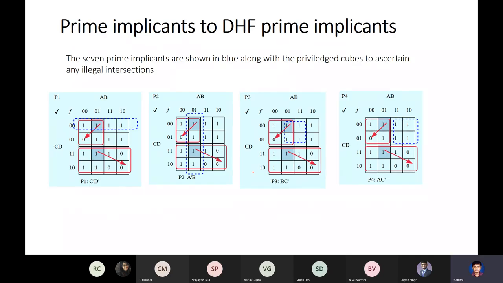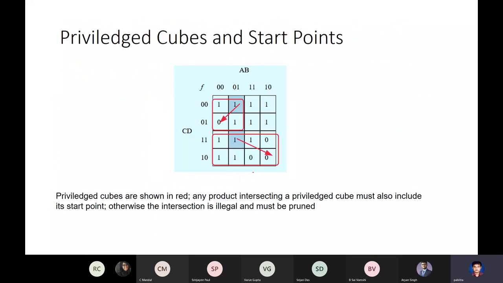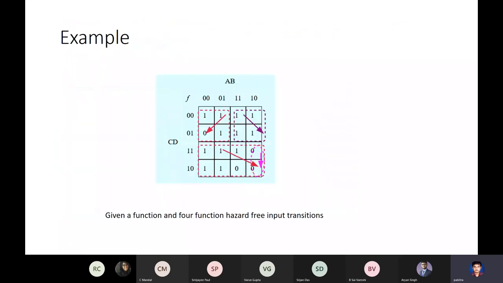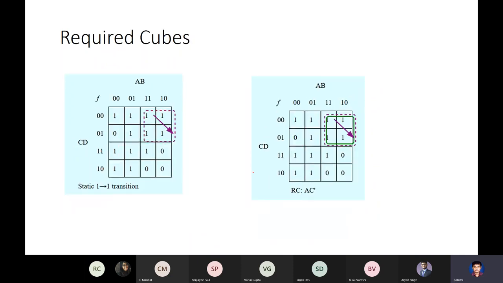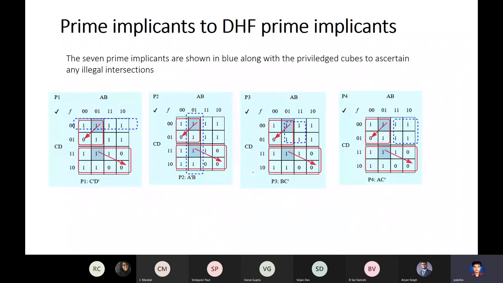Okay. So now let us look at, from this original Karnaugh map, what are the prime implicants that are there? We actually have 7 prime implicants. I'll show all of them. So this is the first prime implicant shown in blue. This blue dot dashed line is the first prime implicant.